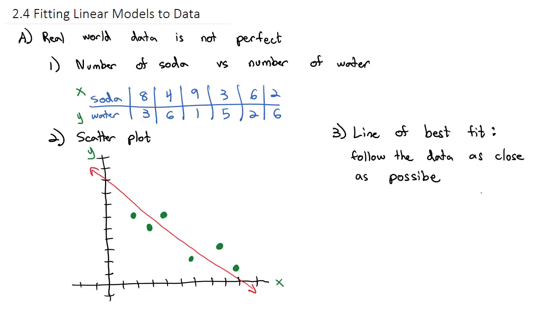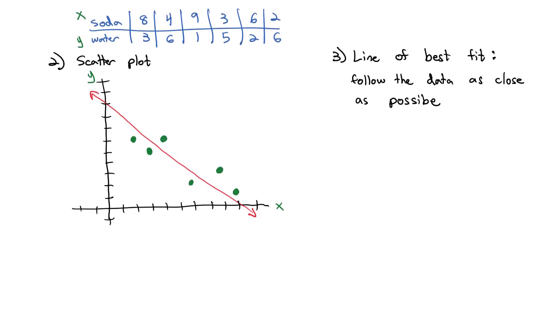Now, we want to quantify our way to make that line of best fit. And that's what we're going to look at next. What we're going to do is use technology to find the best fit line.